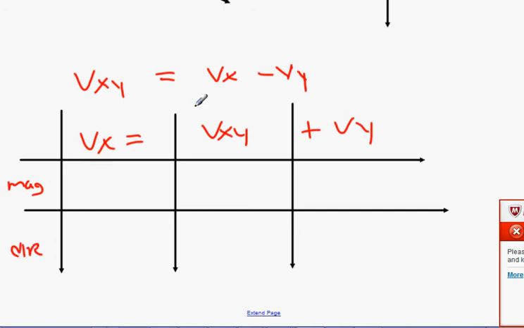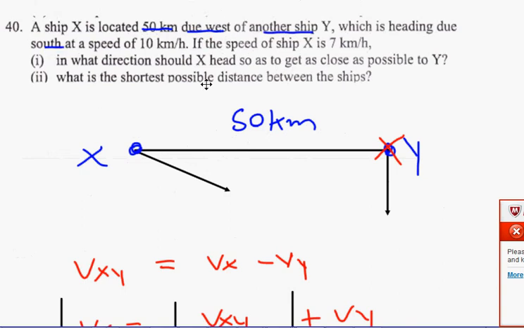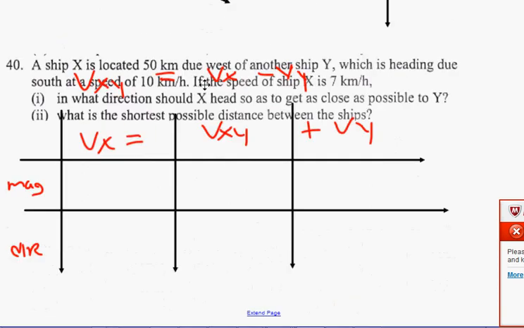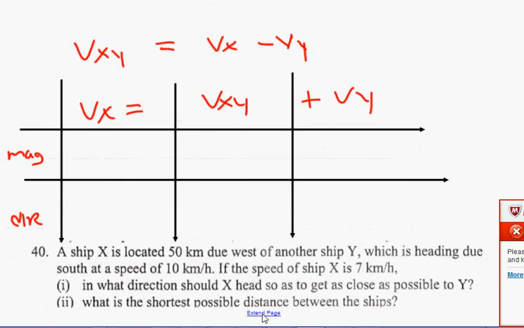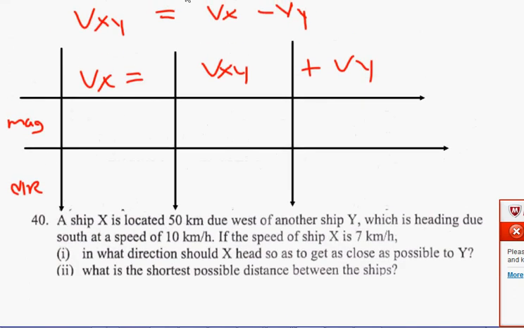Okay, and now once I've done this, what I'm going to do is fill in my speeds. I'm going to need the question to do this. So, what is the magnitude of X? Speed is 10.